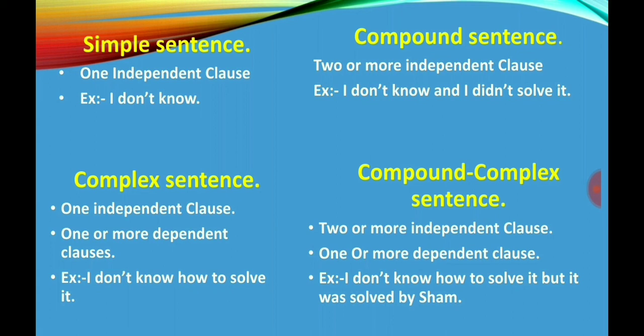Two or more independent clauses, one or more dependent clauses. Example, I don't know how to solve it, but it was solved by Sham. In this sentence, I don't know is one independent clause, and it was solved by Sham is also one independent clause. And how to solve it is the dependent clause.